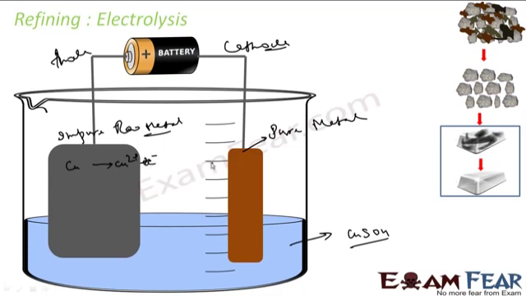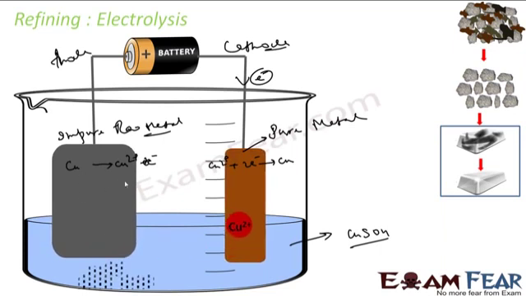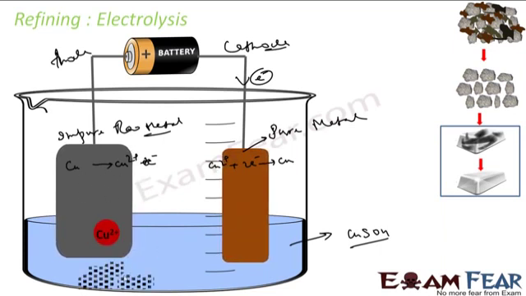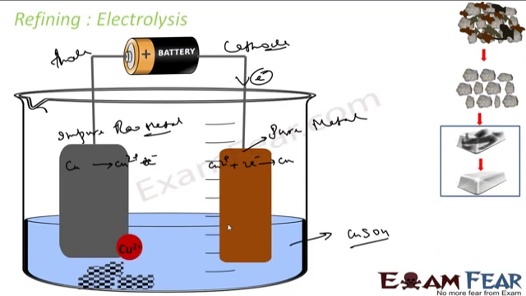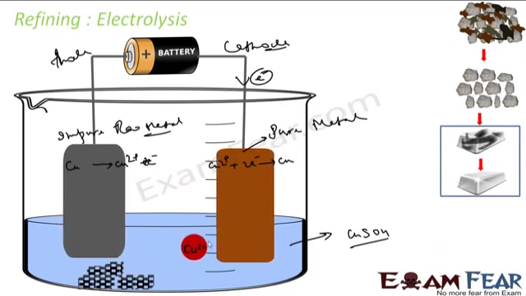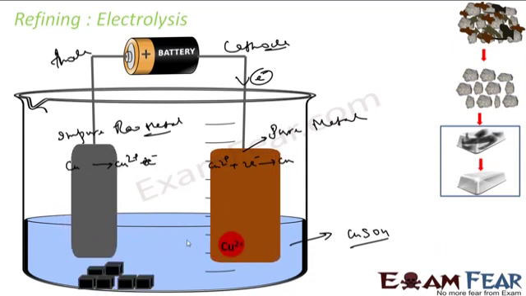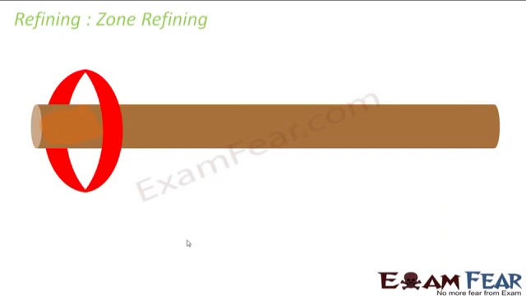At the cathode, the reaction is different: the copper 2+ from the left hand side will get 2 electrons from here and form copper. Gradually, the size of the raw metal will shrink and the impurities will settle down, and what you get on the right hand side is pure copper, because only the pure copper has flown from left to right. The next is zone refining.